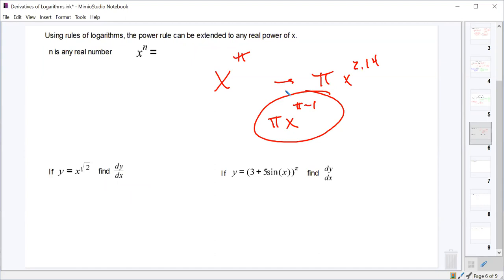I just want to do a couple of these real quick. So something like x to the root 2, what would its derivative be? Root 2 x to the root 2 minus 1. Right. And what about something like 3 plus 5 sine x to the pi? What rule do we have to use here?